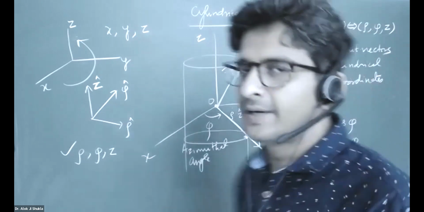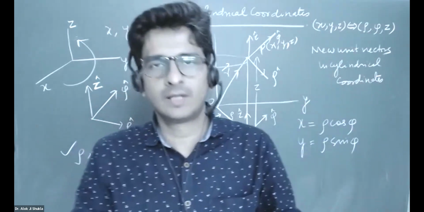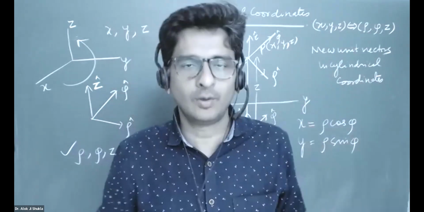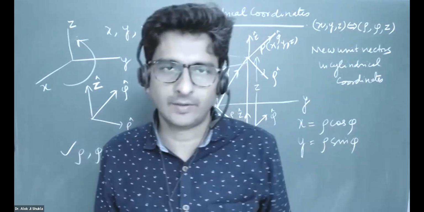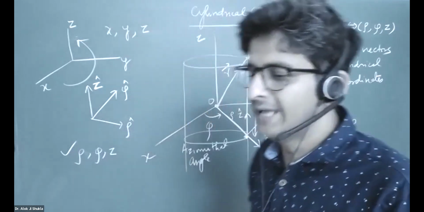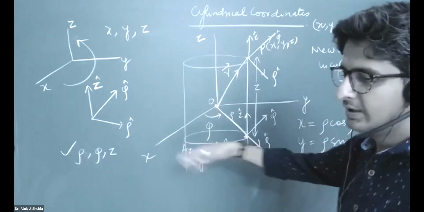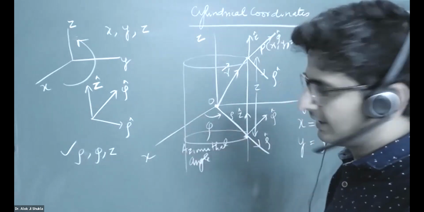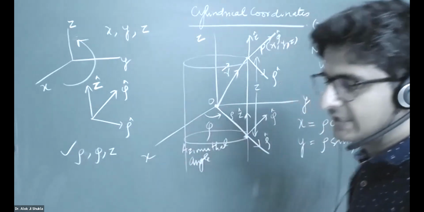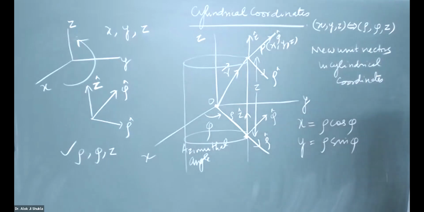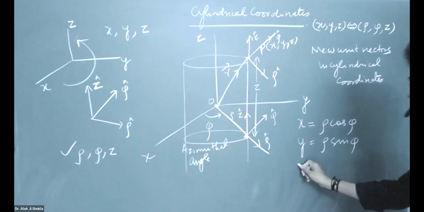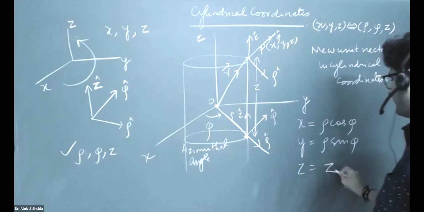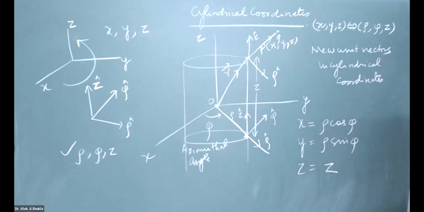Basis vector means they will span over all the space. कोई भी वेक्टर आपको लिखना है, you can write it in terms of them. कोई भी ऐसा वेक्टर नहीं हो सकता यूक्लिडियन जो इन तीन वेक्टर्स के टर्म में ना लिखा जा सके. इसलिए हम कह रहे हैं कि this will span over the whole of the space. And z is equal to z. Check this.